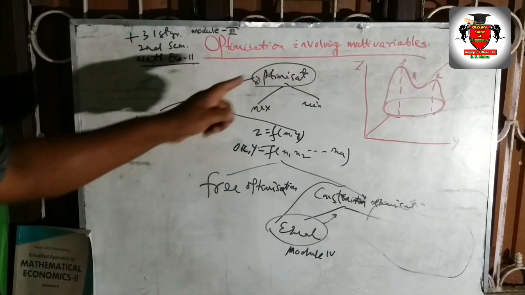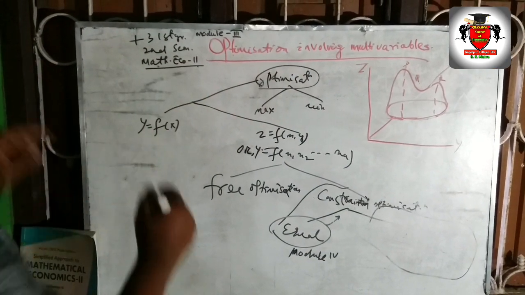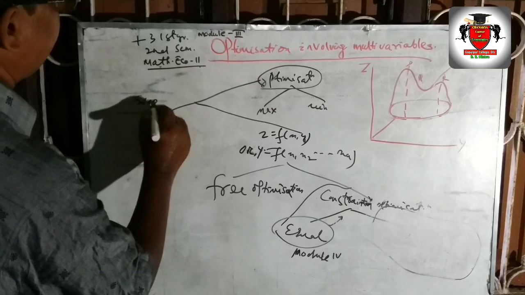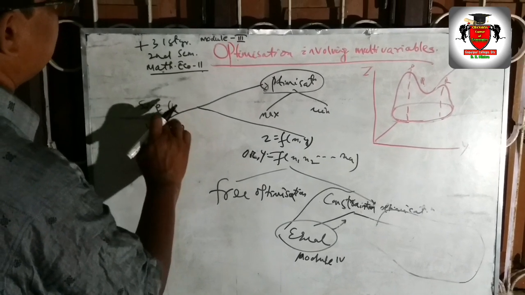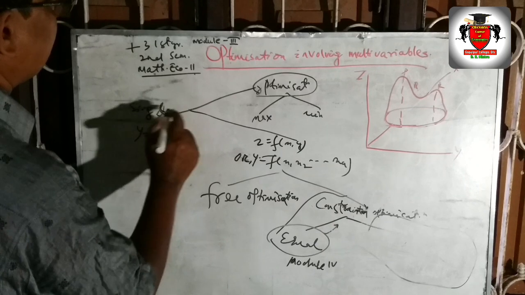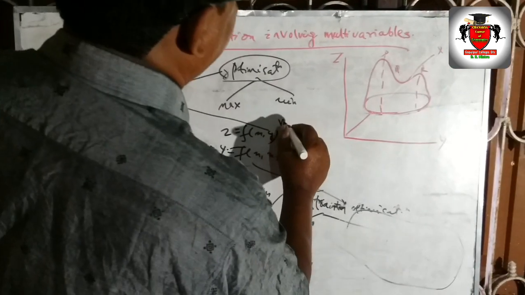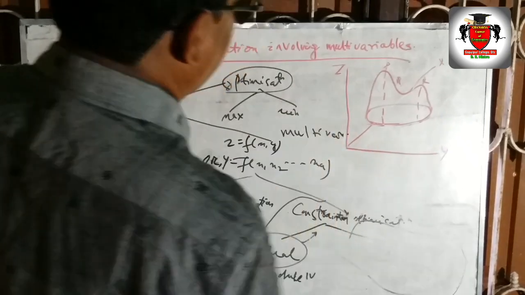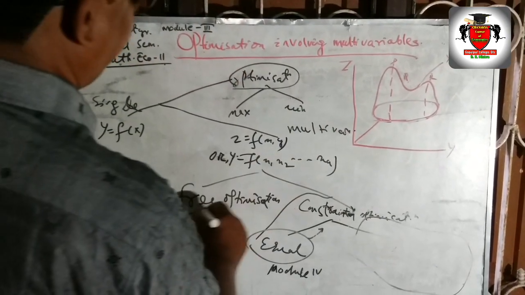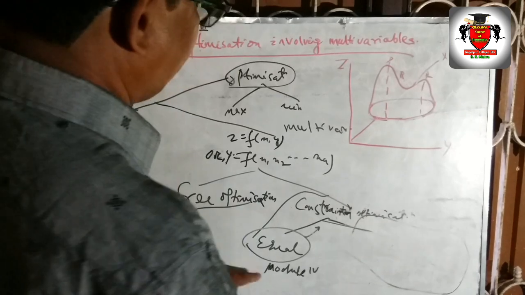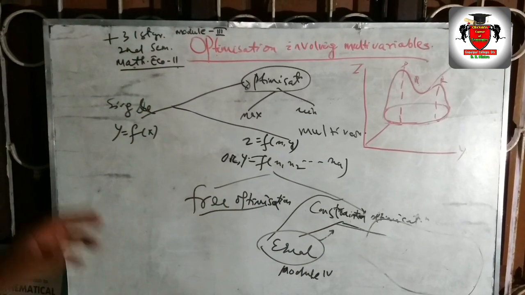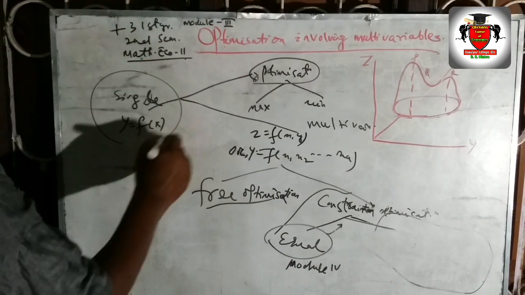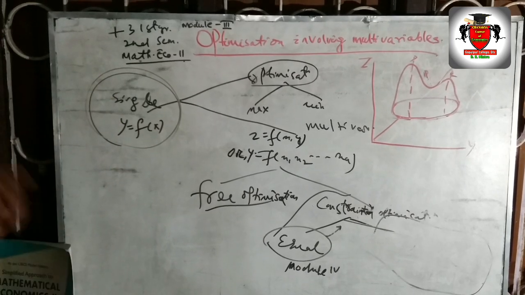We will find that optimization is single independent variable case, multi-variable independent case, and it may be free or constraint, equal constraint. We have explained this in the last video.